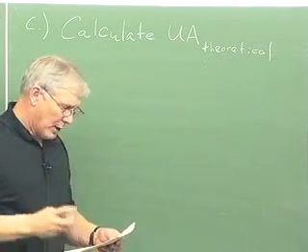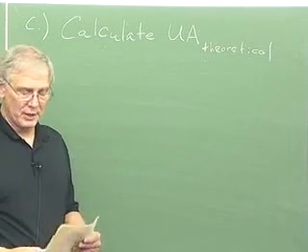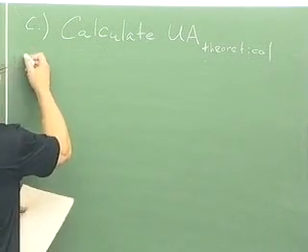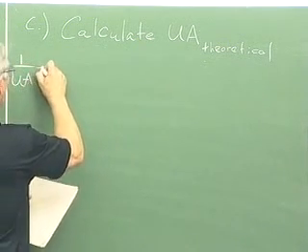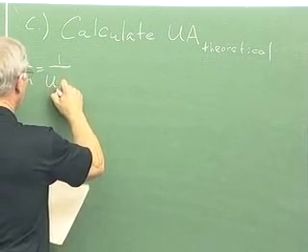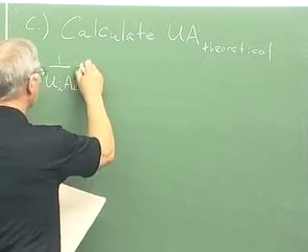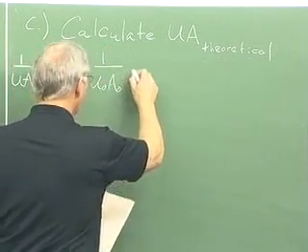It says to use the appropriate empirical heat exchanger correlations and compare these with experimental values. What we've also learned in class is that, and this is kind of a long expression, 1 over UA equals 1 over U inner A inner. It's also equal to 1 over U outer A outer.